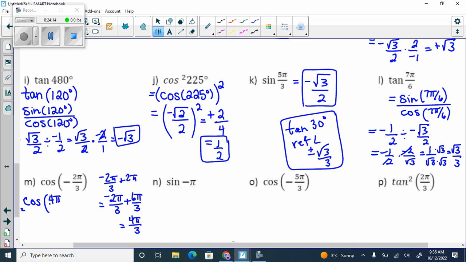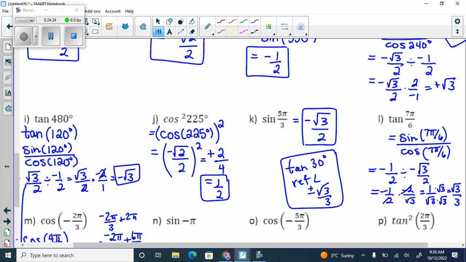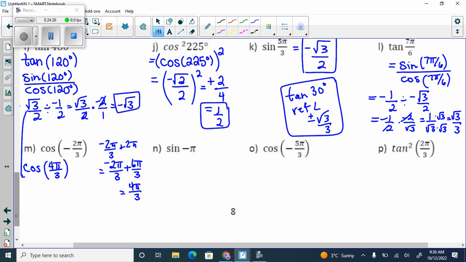And we have to put the equal signs down, because if you don't say that this cos equals this cos, then they might think you're just giving the answer to this one, right? So cos of negative 2 pi over 3 equals cos of 4 pi over 3, which equals negative, see, much more belief, I like it.